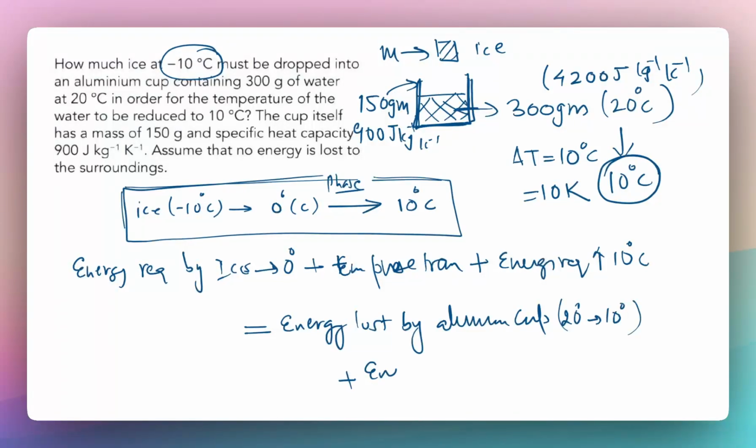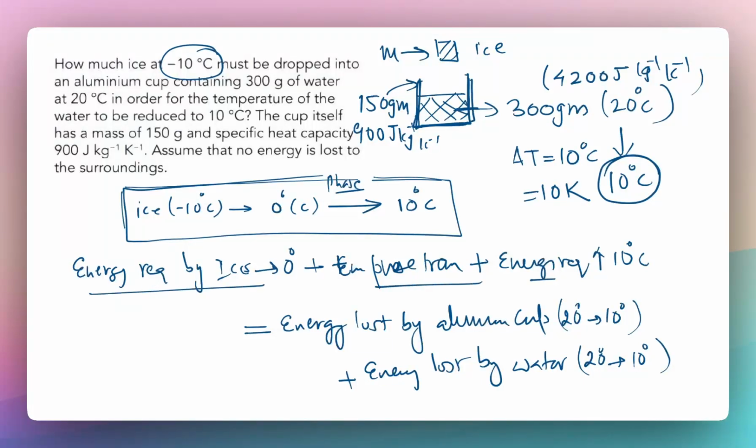Also, the energy lost by the water, which is already there, to reduce its temperature from 20 degrees to 10 degrees Celsius. And by using this equality equation, we'll be able to solve the problem.